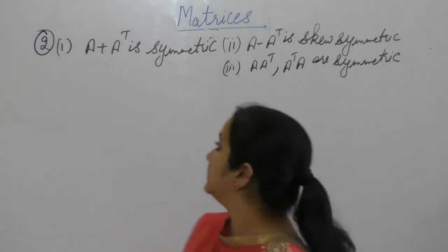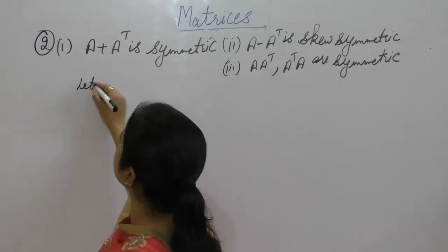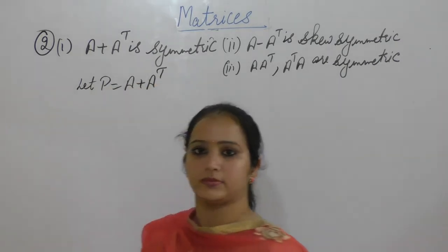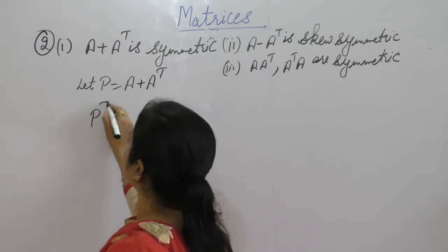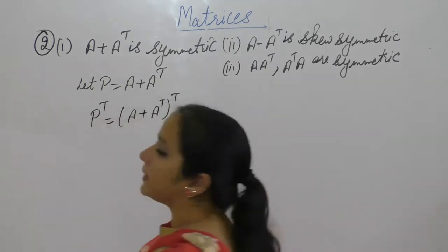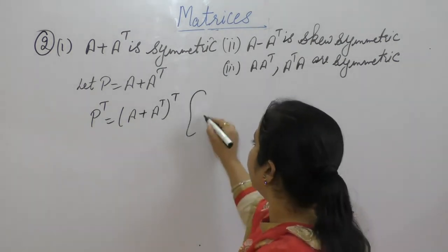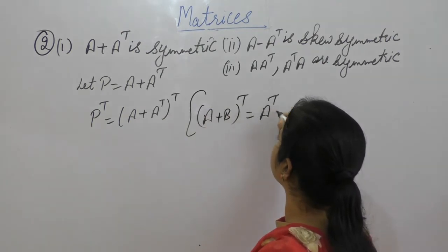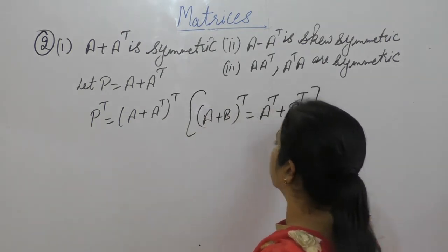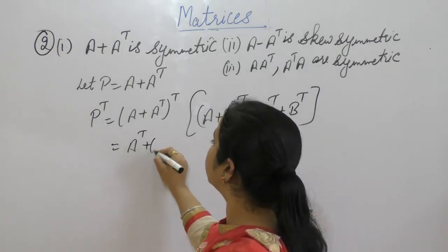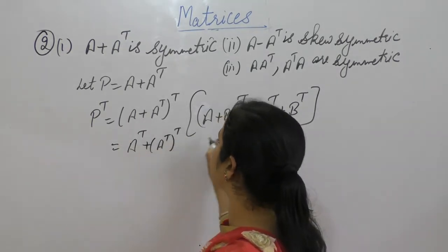Take the first part. Let P be equal to A plus A transpose. Take the transpose. We know the property of transpose: A plus B transpose is equal to A transpose plus B transpose. Use this property here: A transpose plus A transpose transpose.